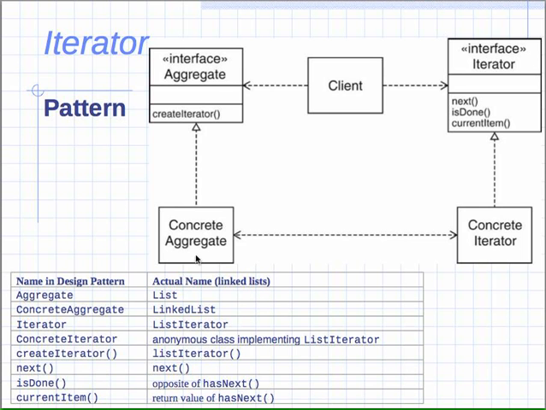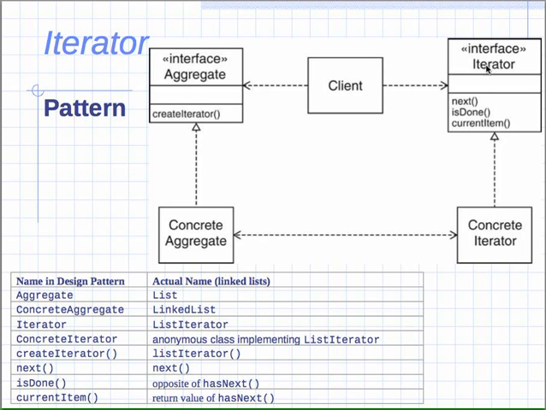You have some concrete aggregate object which contains a bunch of things, and in the end you want an iterator that will get one thing at a time. How do you do this? You set up another interface called Iterator, and that's actually the name of the interface that we have in Java. So the concrete iterator could be, for example, an anonymous class implementing ListIterator in Java.